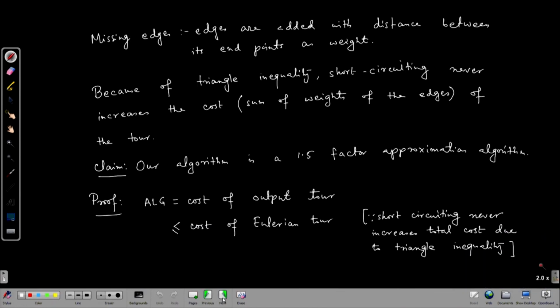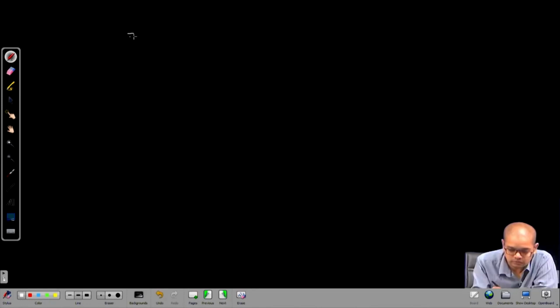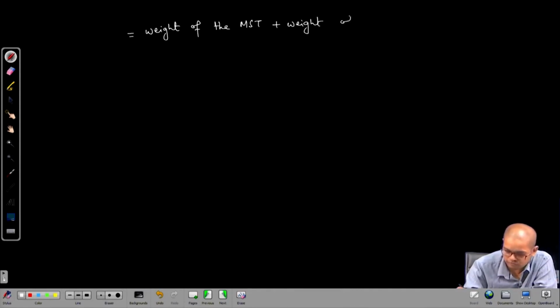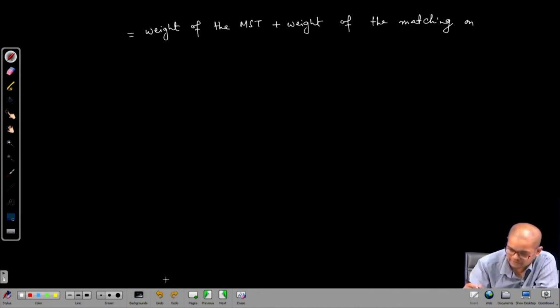So, this is the weight of the minimum spanning tree plus weight of the matching on vertices of odd degree.